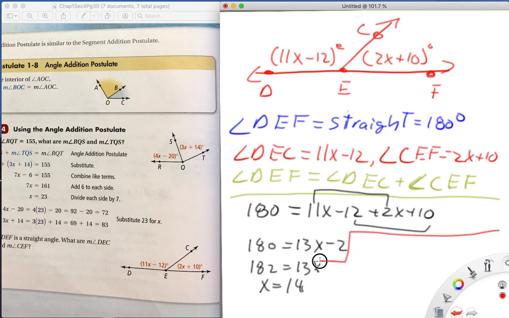I can solve for the two angles. So for DEC, it equals 11 times 14 minus 12.